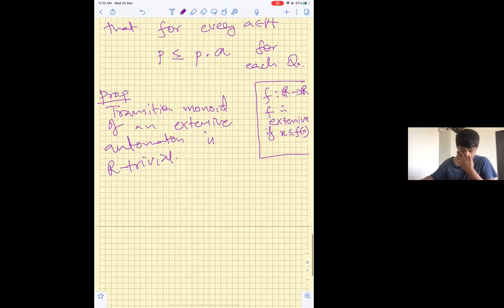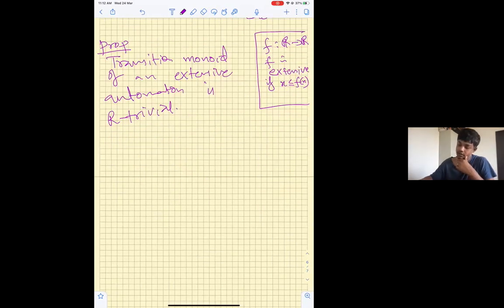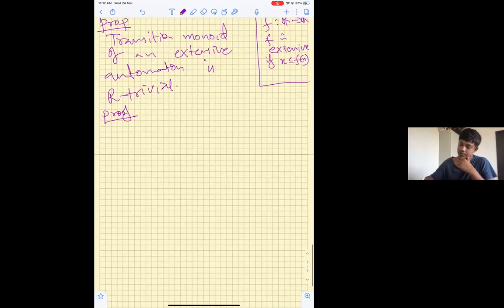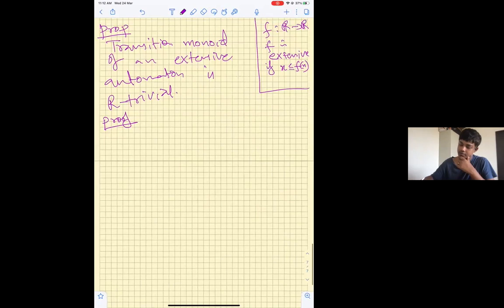Once we show this, nothing complicated. Let's imagine I have F and G, elements of the transition monoid.